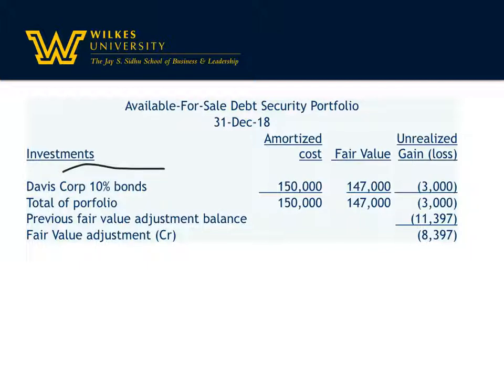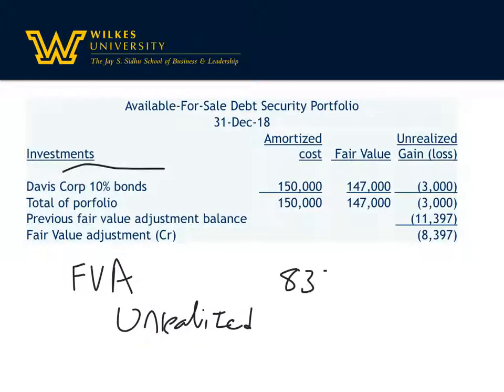So your journal entry is to actually debit your fair value adjustment and credit your unrealized holding gain or loss for the $8,397. Because when you're finished, you should only have $3,000 left in that account.